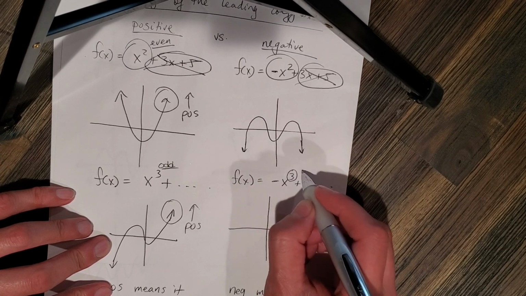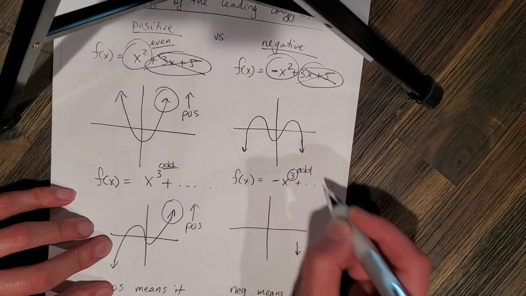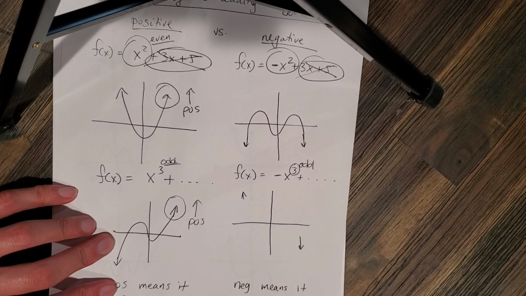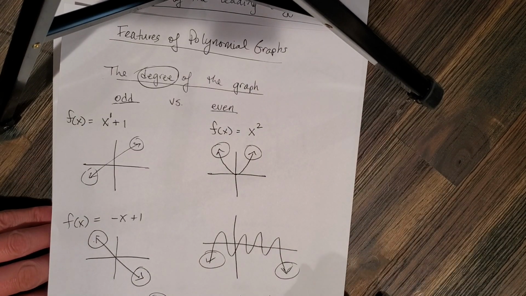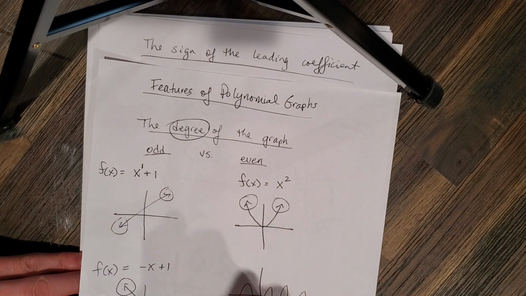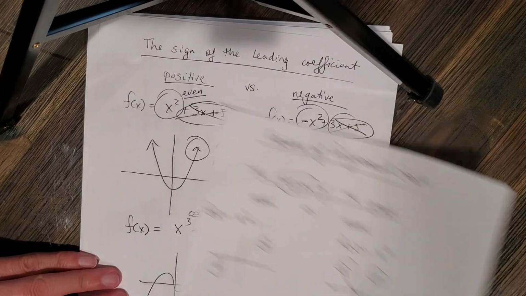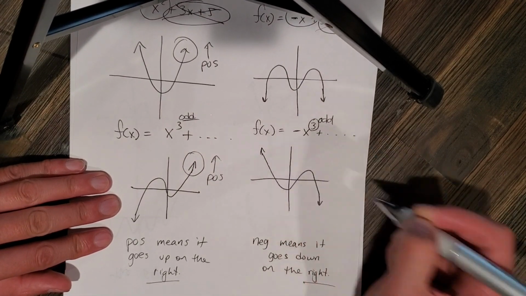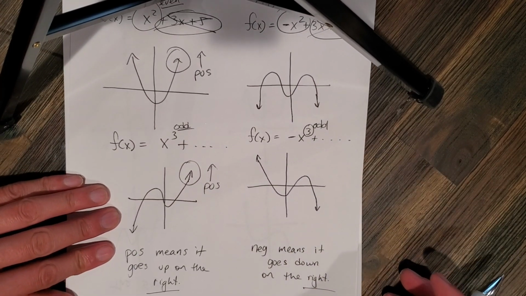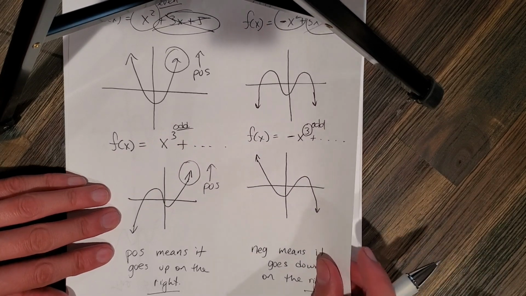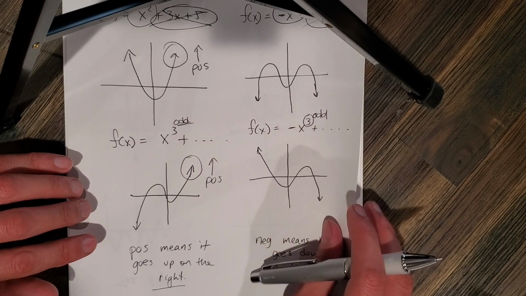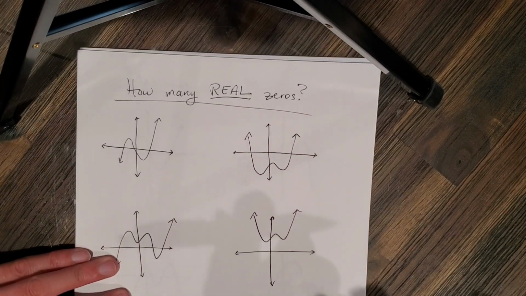But since it's odd, that means the other side is going in the opposite direction, right? So we just went over that on this one here. If it's odd, that means they're going in different directions. So this is going to look like this. Okay? And we'll get to other details of how many curves a graph can have, okay, at a later video.